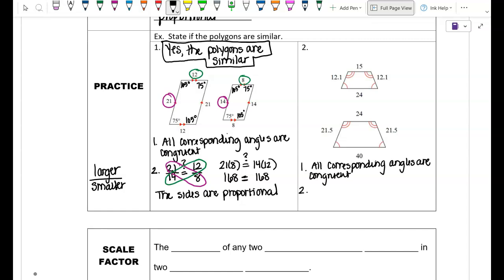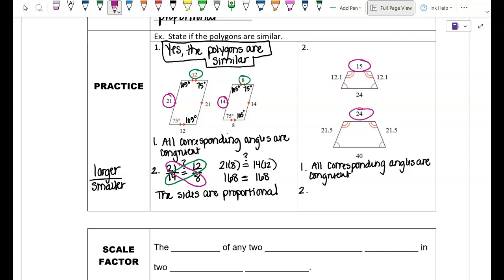Now I have to prove the second part, that all the corresponding sides are proportional. This one is a little different. The last one, I only really had 2 measures to match up. Here, I'm going to have more than that. So if I start with the 15 in the top figure, what does it match up with in the bottom figure?